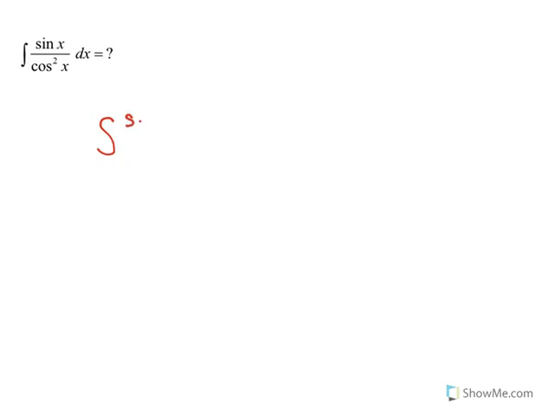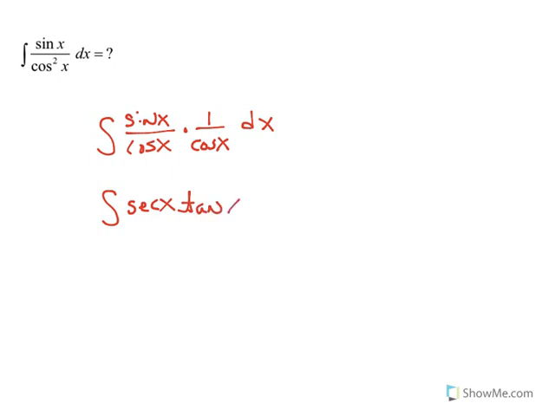So we could say we have sine x over cosine x times 1 over cosine x. And we know that 1 over cosine is secant. And we know sine over cosine is tangent. And that pattern should sound familiar.